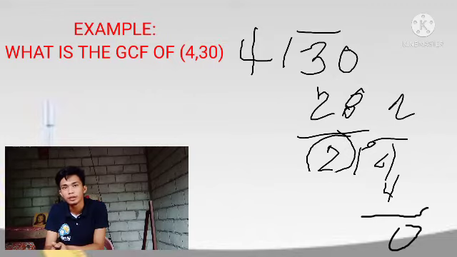When you get 0, you stop. And the last divisor is your answer. So the GCD, or the greatest common divisor, is 2.